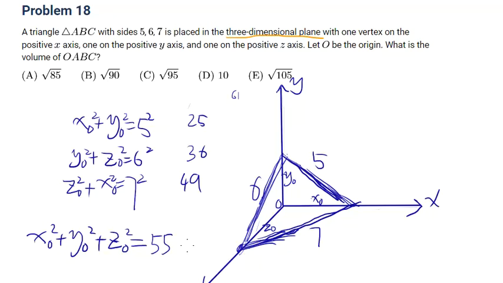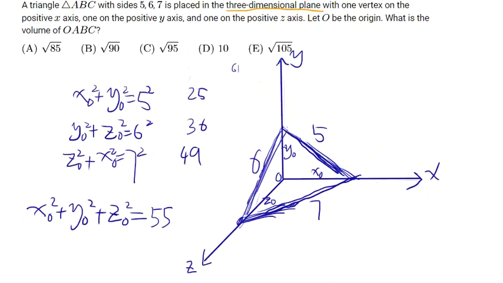Of course then we can get the individual ones. So X0 squared would be this minus this, 19. Y0 squared is this minus this, which is 6. And Z0 squared is this minus this, 30.